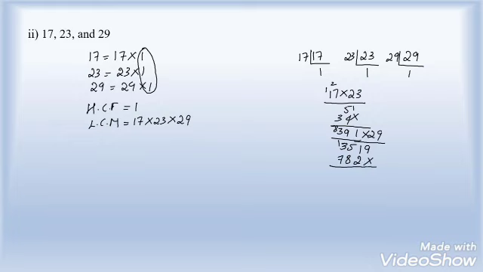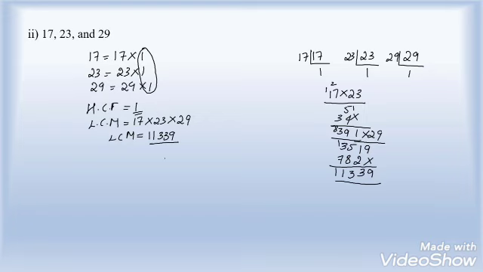Okay, so adding these, 9, 2 plus 1 is 3, 5 plus 8 it is 13, carry 1, 7 plus 3 is 10, and this is 11. Okay, so LCM for the integers 17, 23 and 29 is 11,339. So this is the LCM and 1 is the HCF.